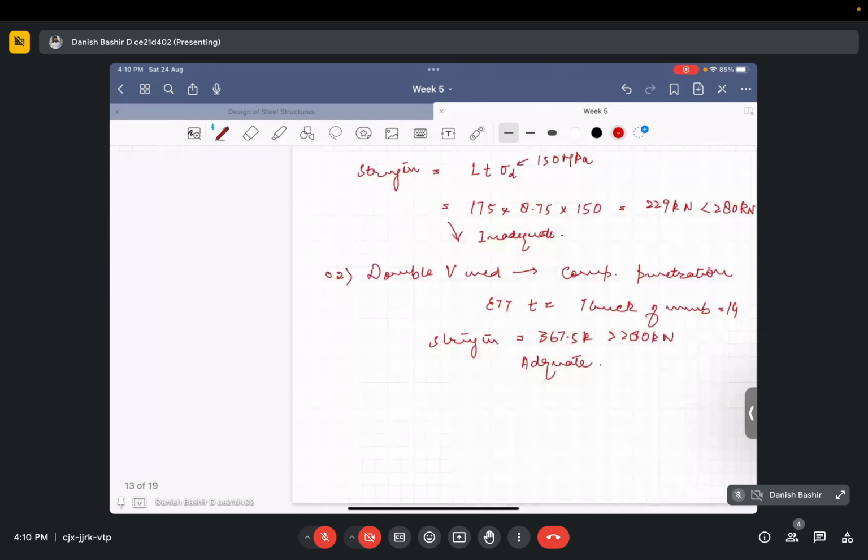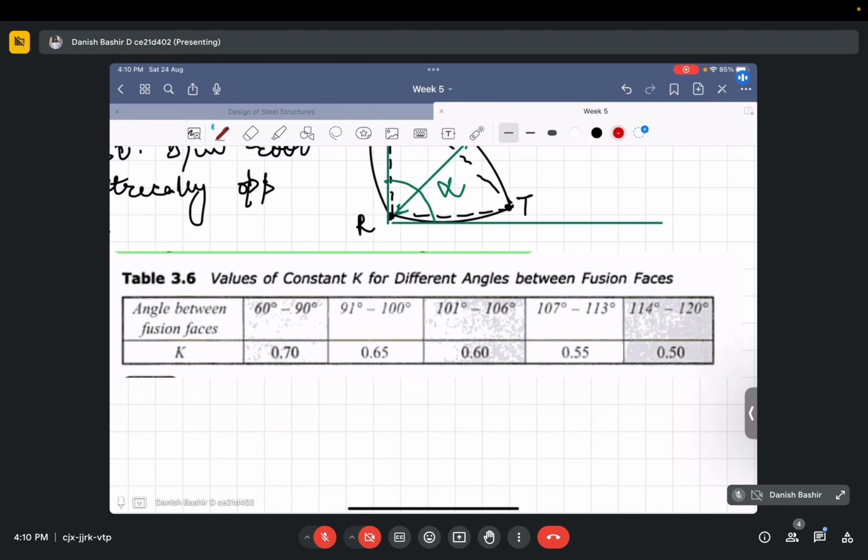I don't think the problems will be for those fusion angles, because the code has strictly specified the angles of fusion. Such flat joints would not be adequate or safe for construction. That's why those angles, less than 60 or greater than 120, are not provided and not recommended by the code.